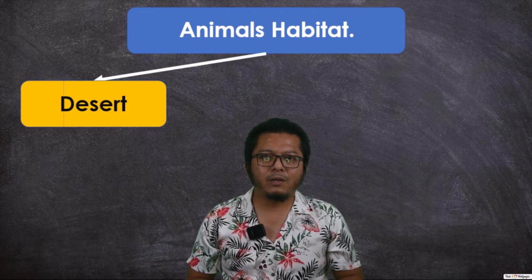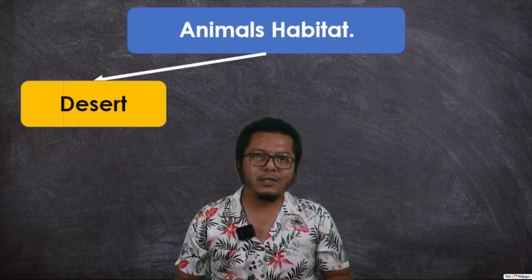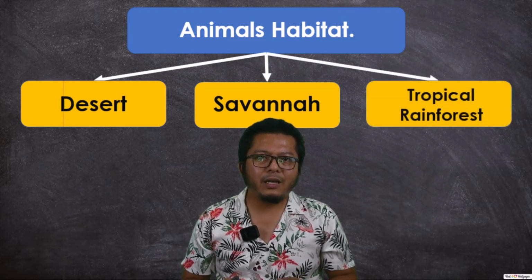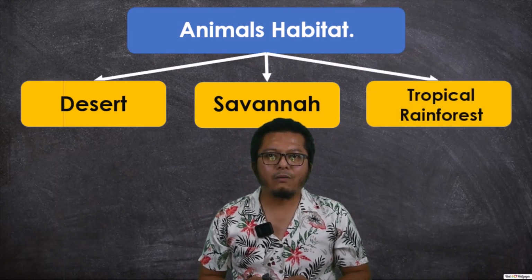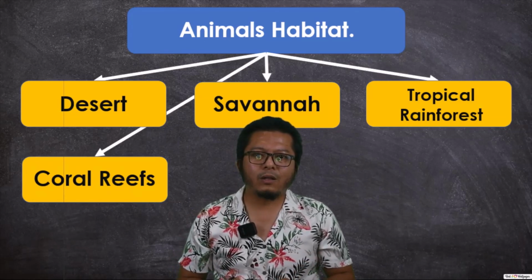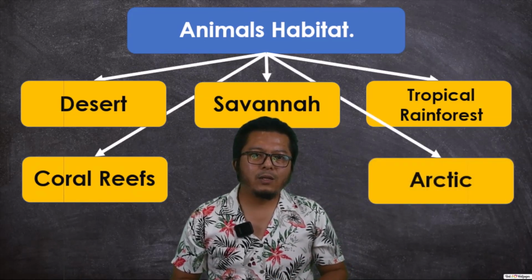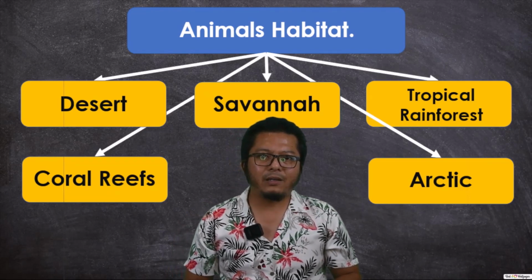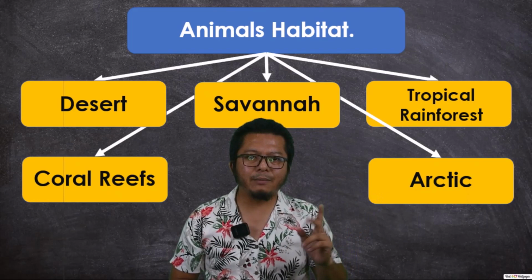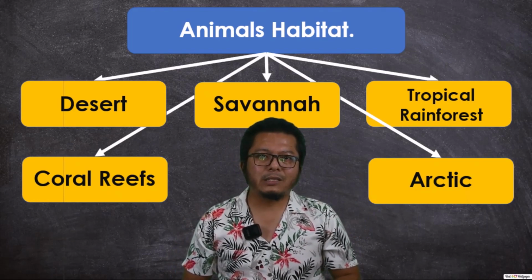Some animals live in the desert, some in the savannah, and some in tropical rainforests. Some animals live in coral reefs, and the last one, some animals live in the Arctic. So these are 5 different habitats where animals live.